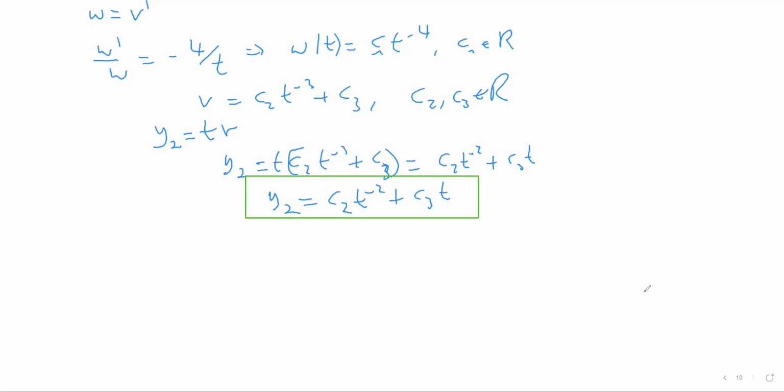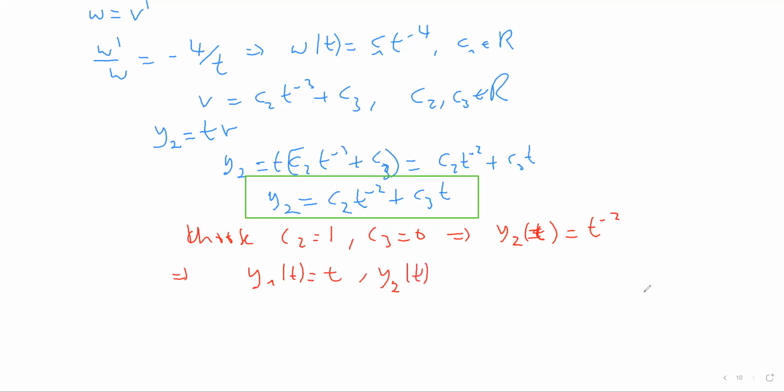Then if you choose c2 to be 1 and c3 to be 0, we'll have y2 of t is equal to t to the power minus 2. So therefore, we have y1 of t equal to t, and y2 of t equal to 1 over t squared. So we have reduced this into first order.